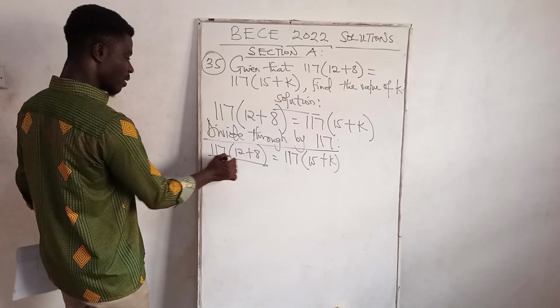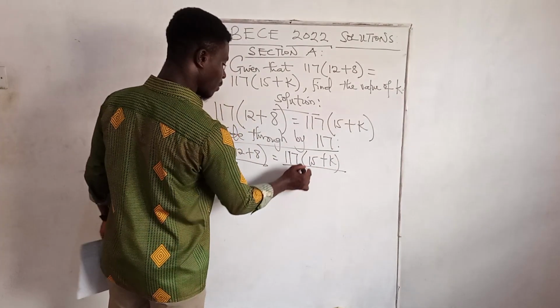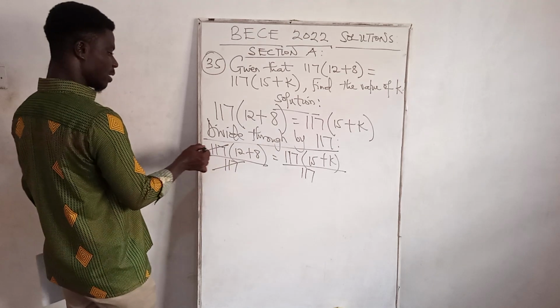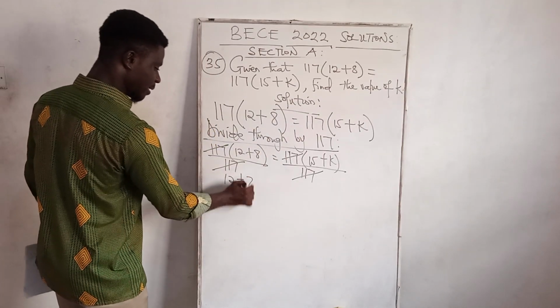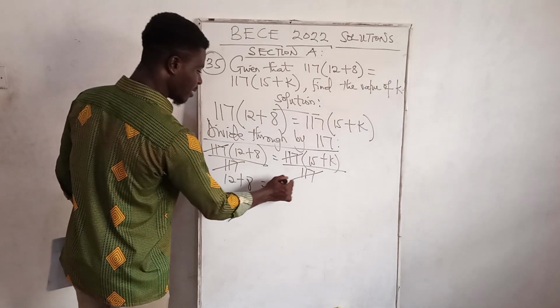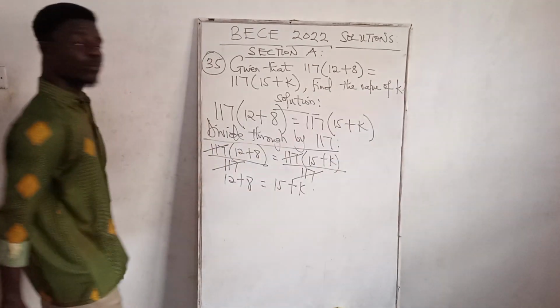I divide here by 117, here also by 117. So this one cancels, this one cancels. So I'm left with 12 plus 8 equals 15 plus k.